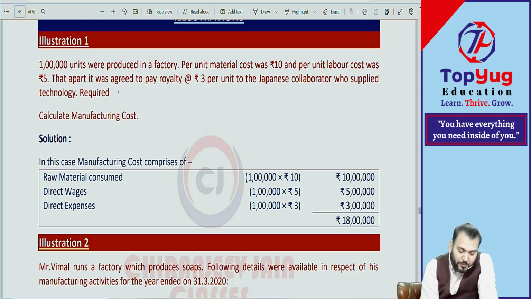That apart, it was agreed to pay royalty at the rate of 3 per unit to a Japanese collaborator who supplied the technology required. Calculate manufacturing cost. Very easy. Raw material consumed is what? 1 lakh into 10. Direct wages will be 1 lakh into 5. And royalty, direct expenses, 1 lakh into 3. This becomes total manufacturing cost.